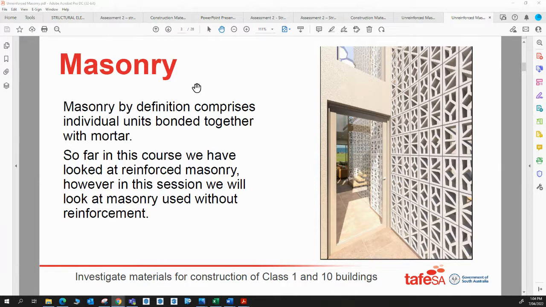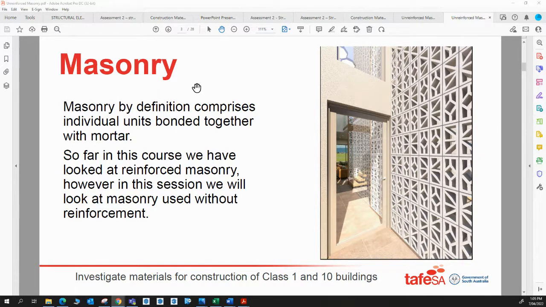So masonry basically as a cladding product as opposed to a structural product, and that is by far the biggest use of masonry. Basically, if you have a look around a new subdivision, you'll see, in some subdivisions, they stretch as far as the eye can see of brick veneer houses with either tile or Colorbond roofs. So there is a massive use of masonry in construction for that brick veneer scenario.